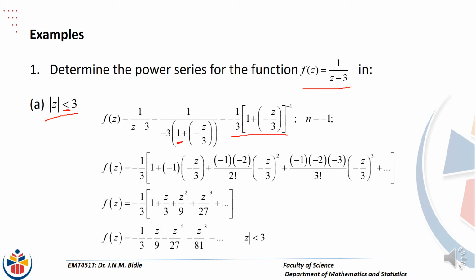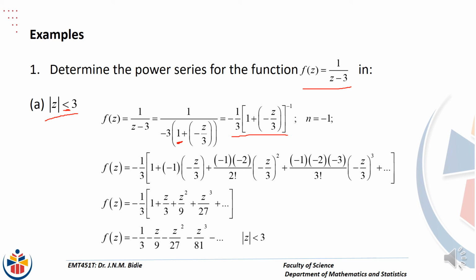Please make sure that the signs are correct. So we've got z over 3 as the second term. -1 times -2 is +2, and 2 factorial is just 2 times 1. Then you will have -1 squared, which is positive, and then we'll have z squared over 9 as the only term representing the third term for our simplification.